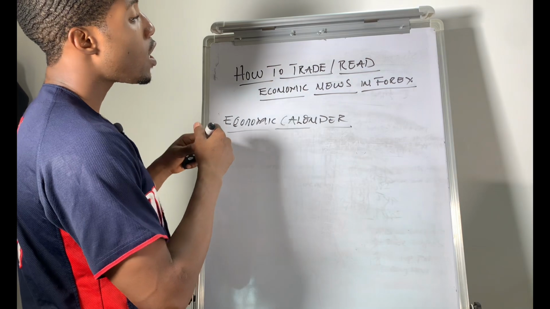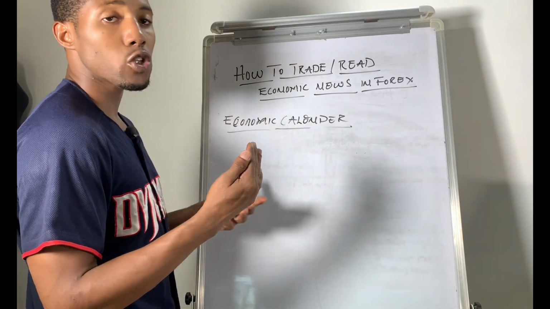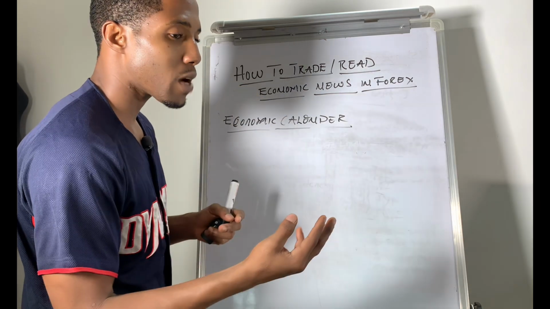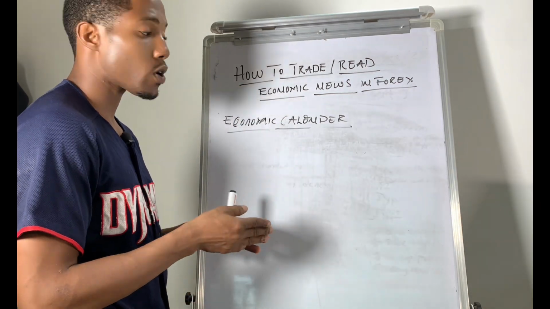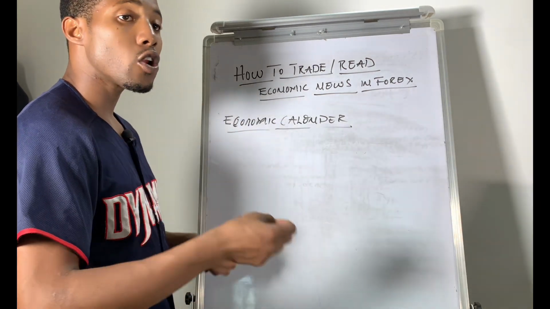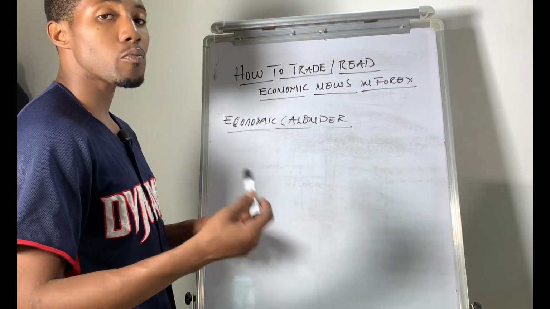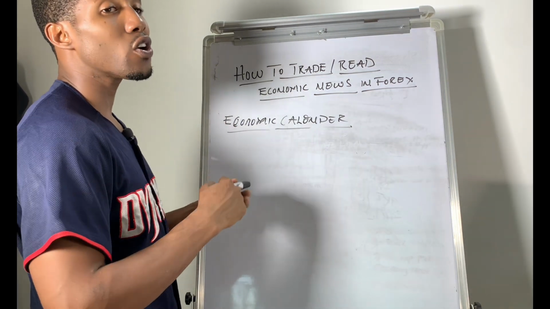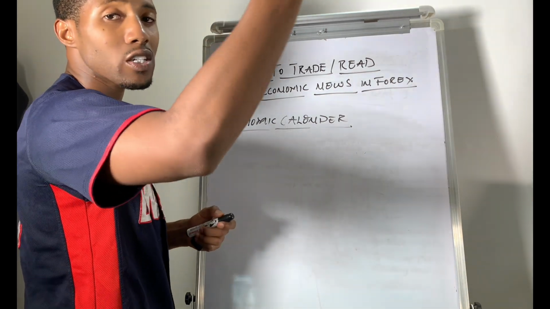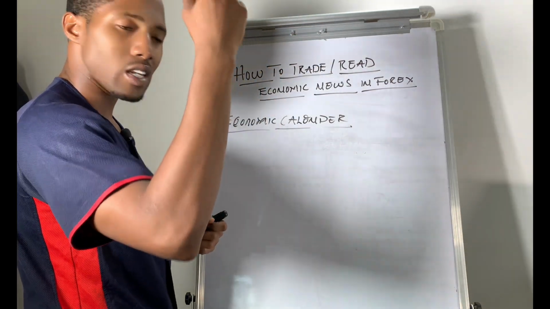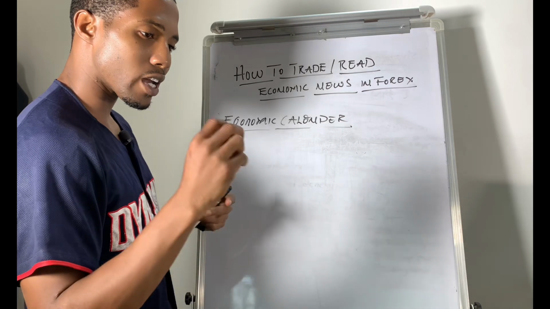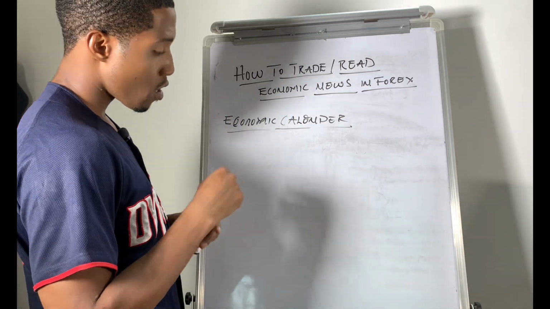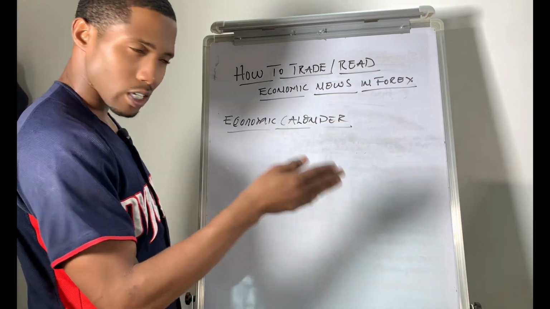So basically, we just use economic news to anticipate the volatility of the market and also position ourselves well. But anybody that is a long-term trader, like people who trade for months, they don't even need to be bothered. When the news comes out, they already know, they are already projecting the future. So you see that it's not a short-term thing, it's not an immediate thing for them. But economic news is very, very powerful. You cannot just be watching the chart every time.